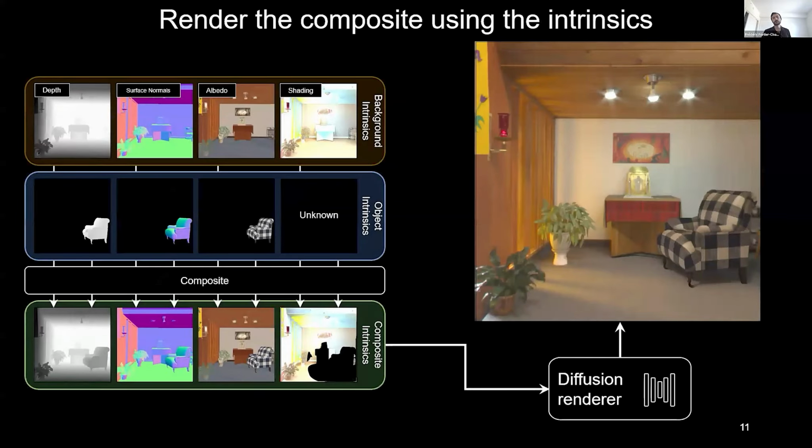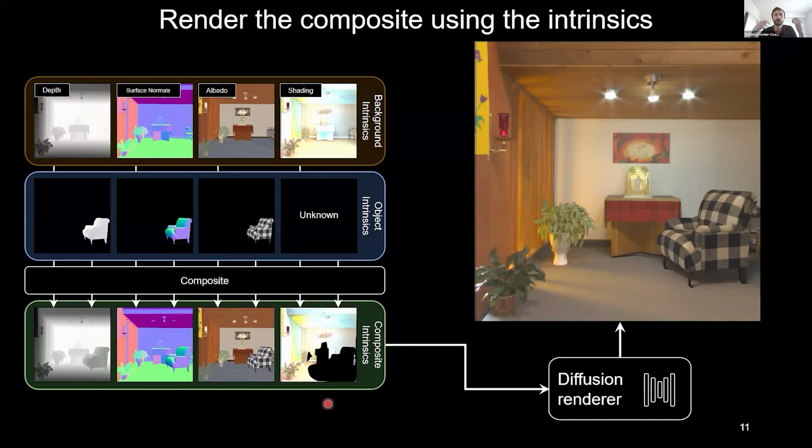And then what we do, as you can see on the bottom left, is that we basically alpha blend the 2D intrinsic maps from the object with the 2D intrinsic maps of the background, and we get these composite images. And you can see that near the object in the shading map, let me just use the laser pointer, we also masked out a region around the object, since the object might cast shadows on the background.